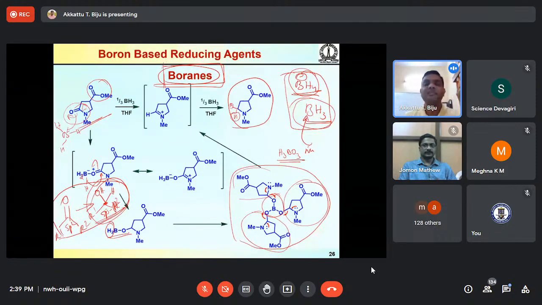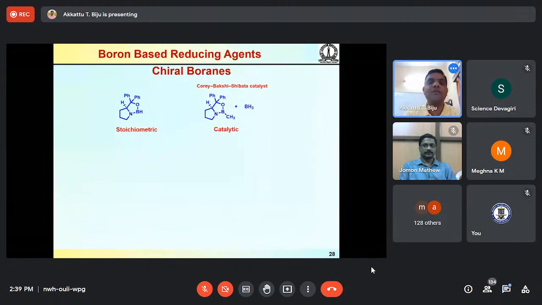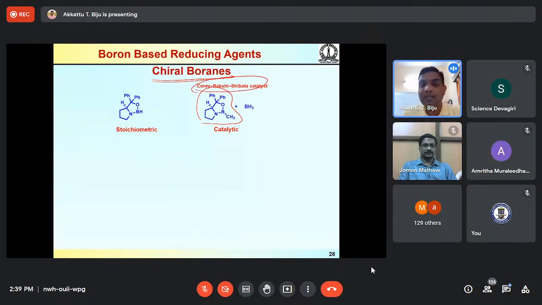And one such reducing agent, which is very common in organic chemistry, is the chiral boranes. Specifically, this type of catalyst, the chiral oxazaborolidine catalyst, otherwise known as the CBS catalyst, the Corey-Bakshi-Shibata catalyst, was demonstrated very long back at Harvard University by the Corey group. So the idea is this reagent can be of two types.